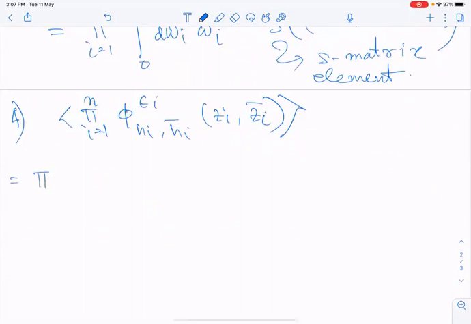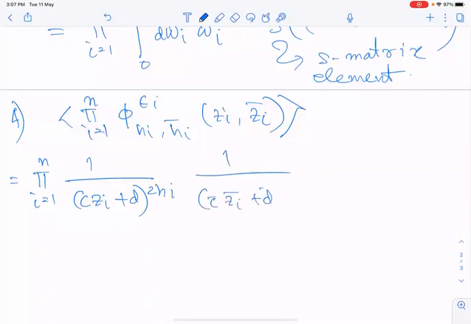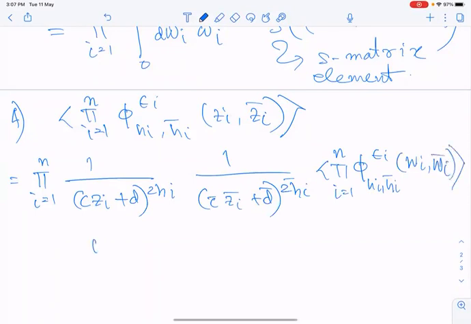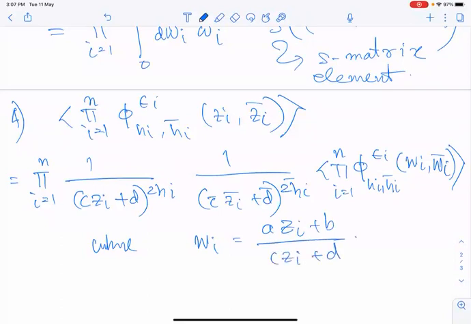So this essentially becomes, where w_i is defined as shown.